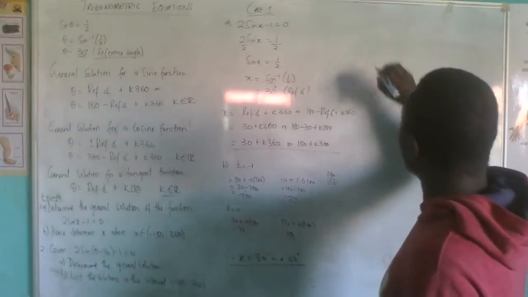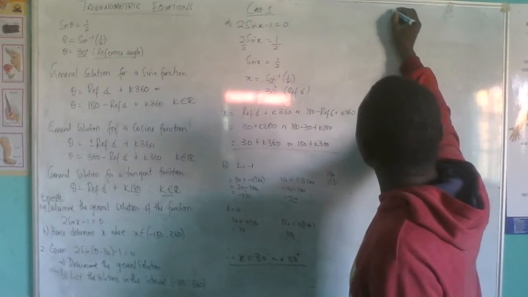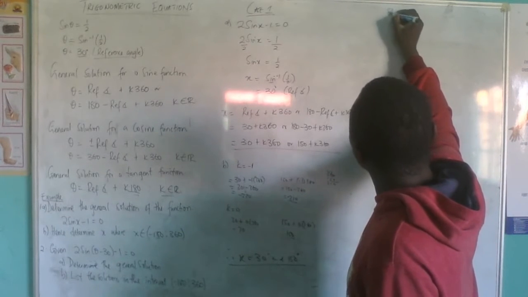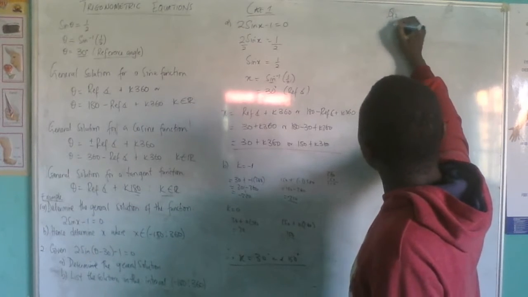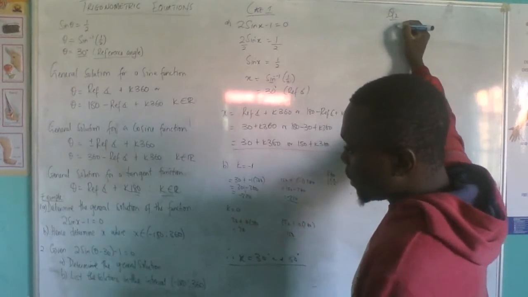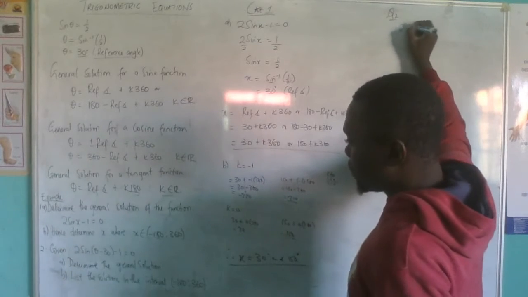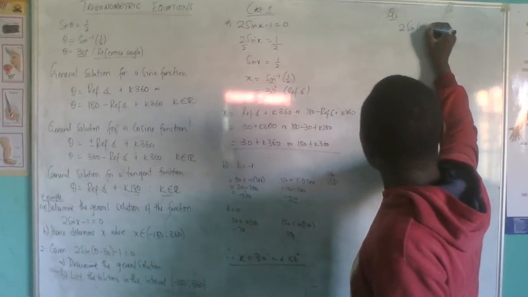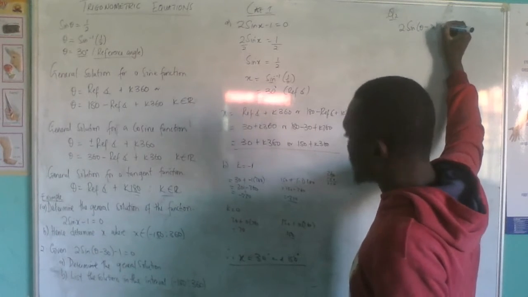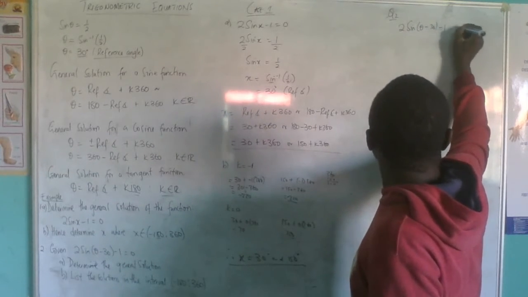The next question there, which is question 2, solution 2. Okay, question 2 says: given that 2 sine (theta minus 30) minus 1 equals 0.